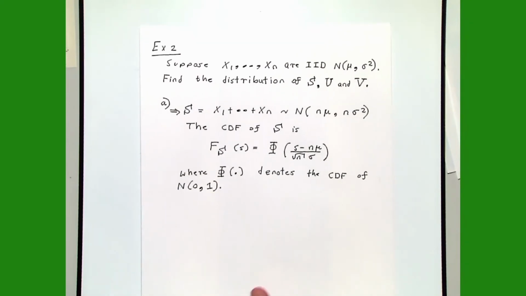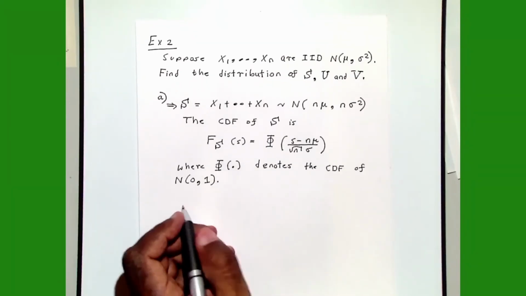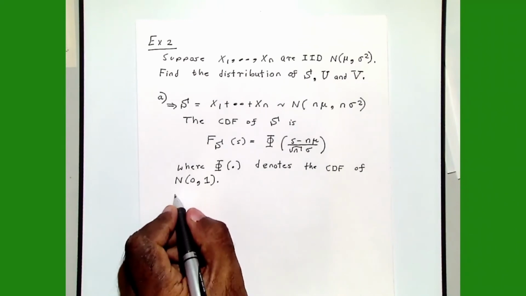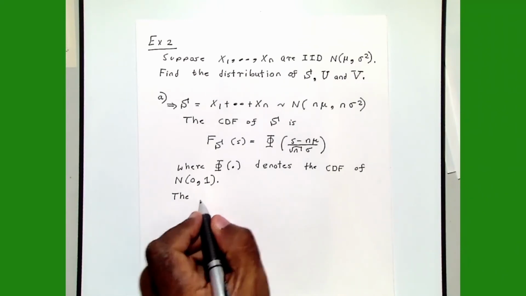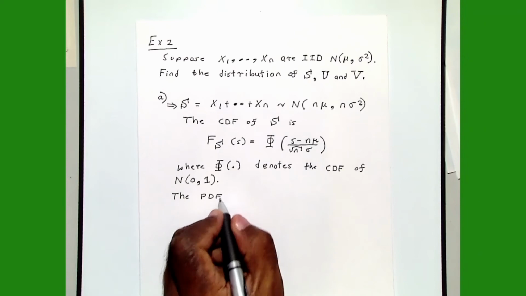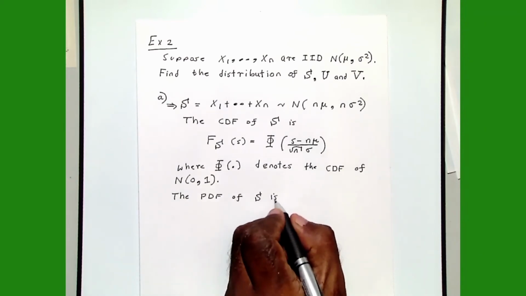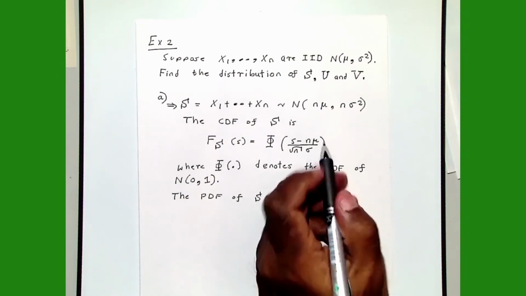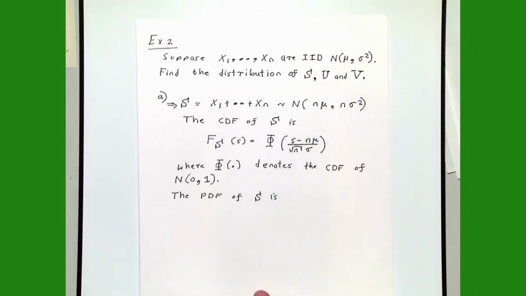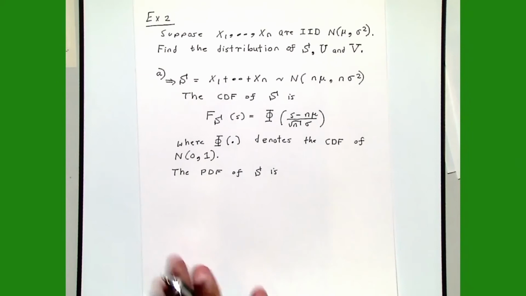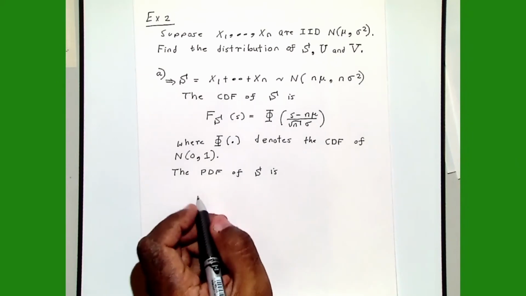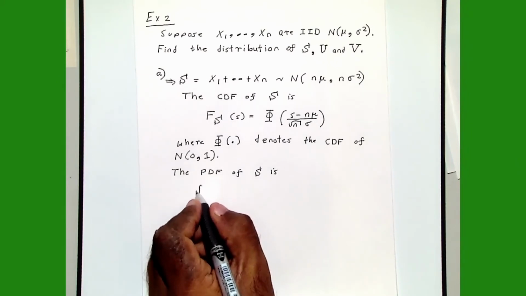All right, so that's the CDF. Now the PDF of S is simply the PDF of this normal distribution, which is the following.